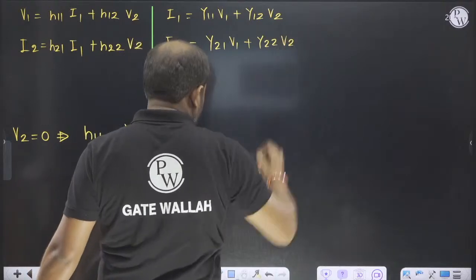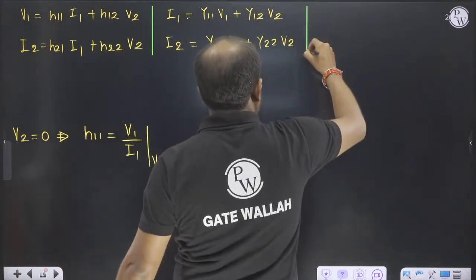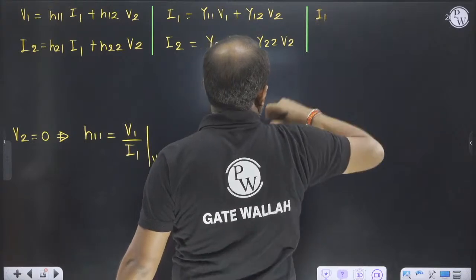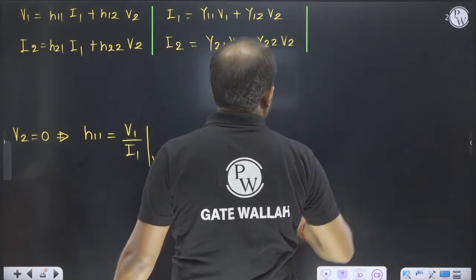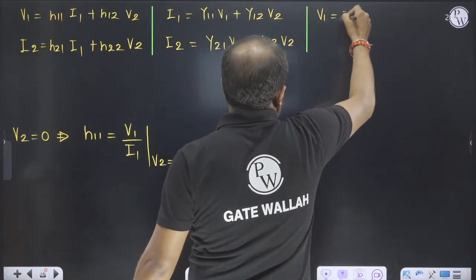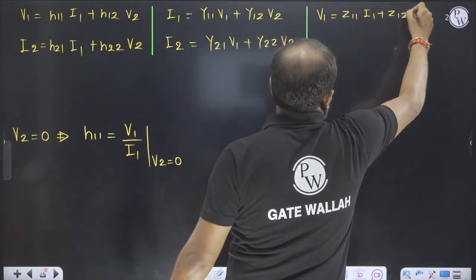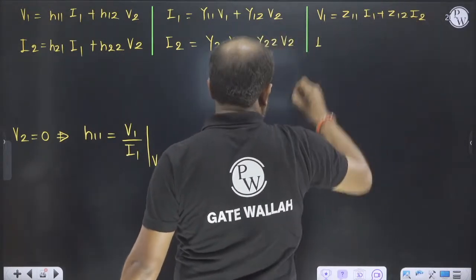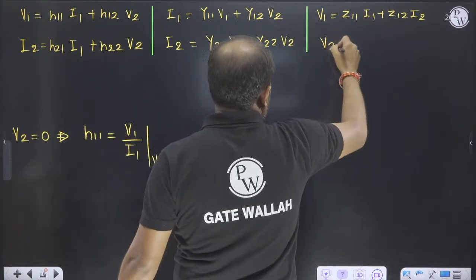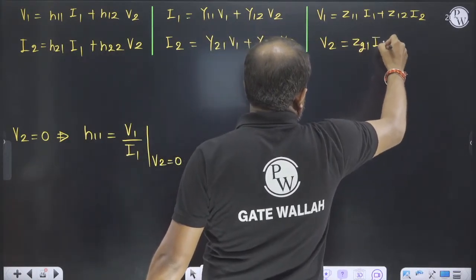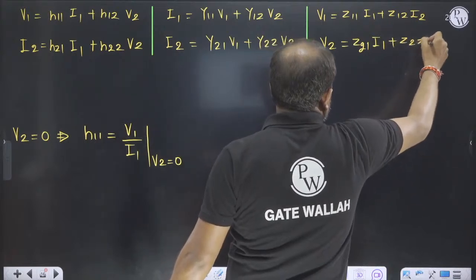The Z parameter: V1 equals Z11 I1 plus Z12 I2, and V2 equals Z21 I1 plus Z22 I2.